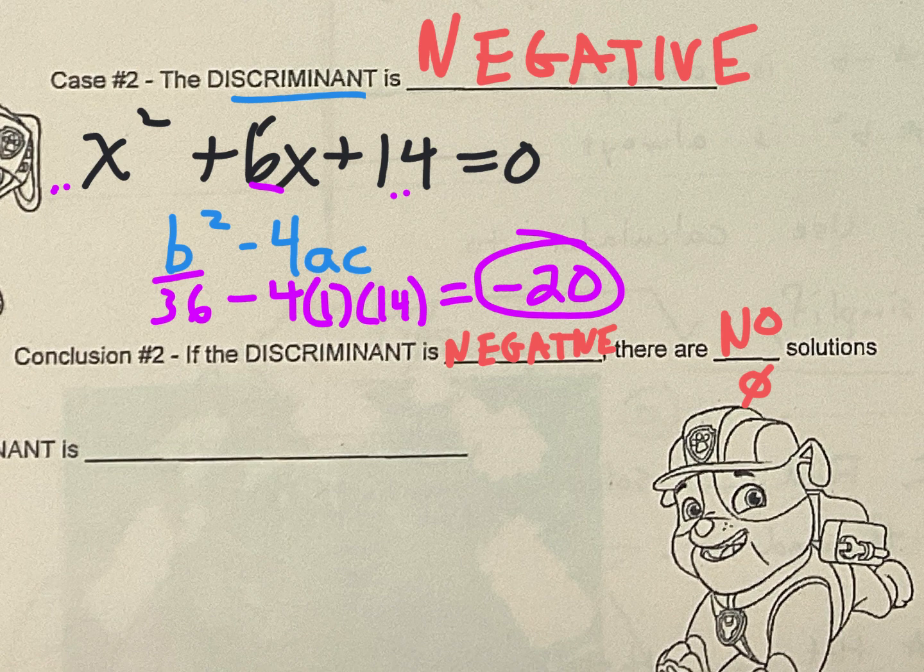I'll tell you why in just a second. But for now, remember, if I get a negative discriminant, it's okay to put negative 20 as your answer, but there actually are no solutions if you try to solve the equation. There's no use in even trying to solve that. There are no real solutions there.